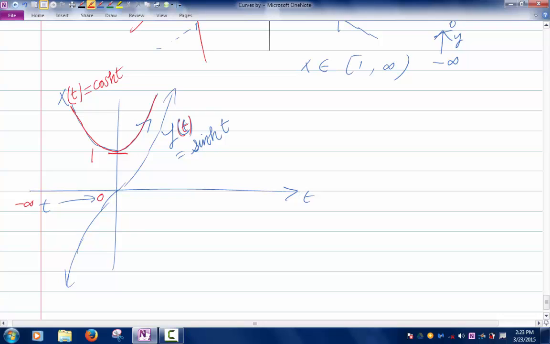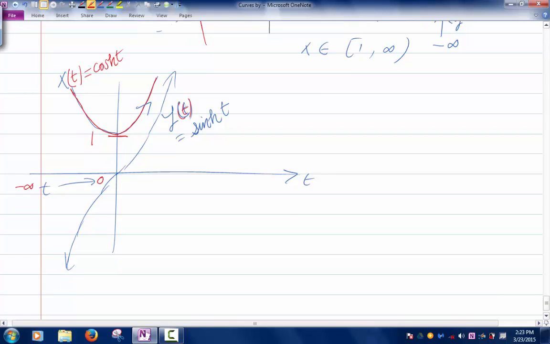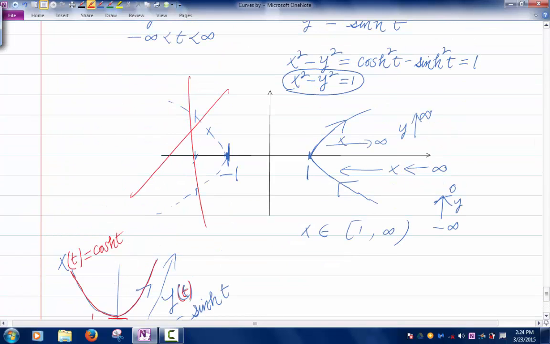So what does it tell me about the curve? Well, as t goes from negative infinity to 0, I know that x is decreasing from infinity to 1, right? What is happening to y? Y is increasing from negative infinity to 0, right?